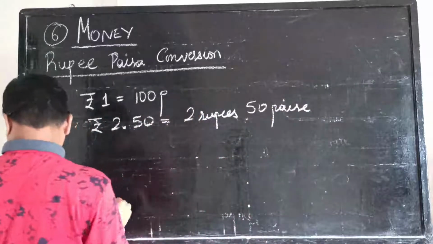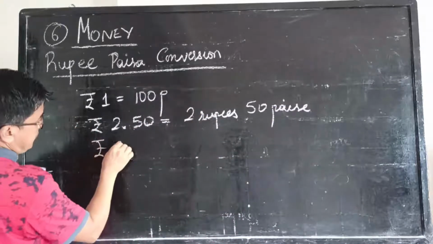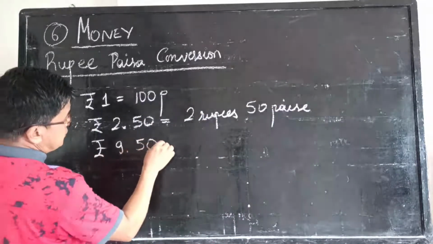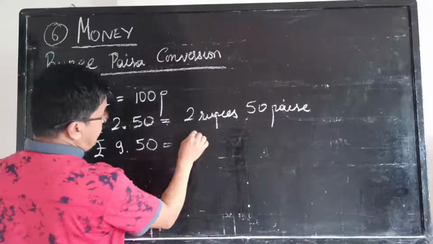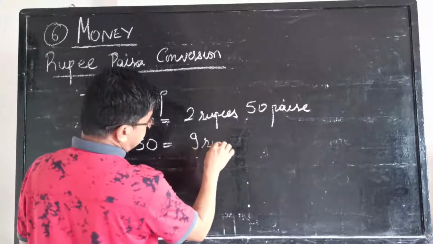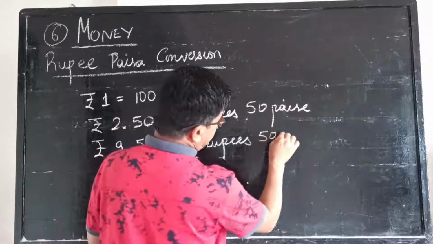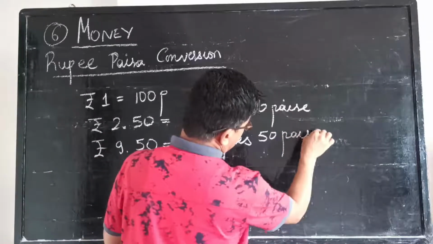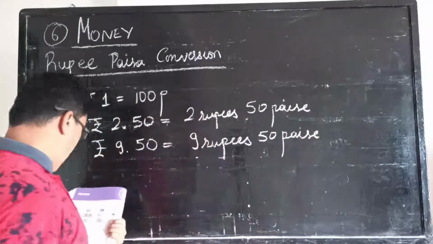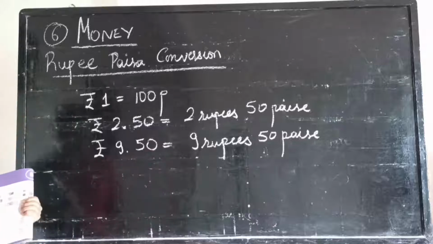And 9 rupees 50 paise, you can write 9.50. So the dot separates the rupees and the paise.